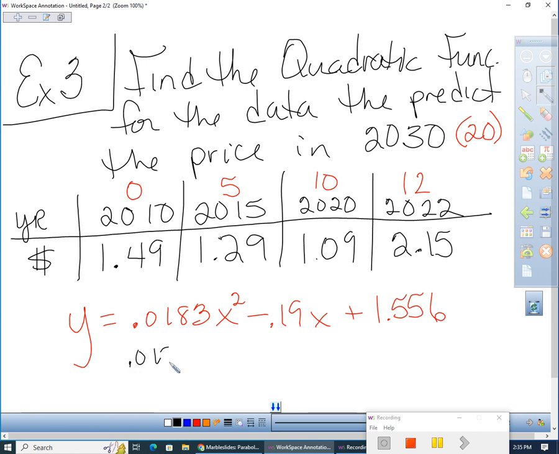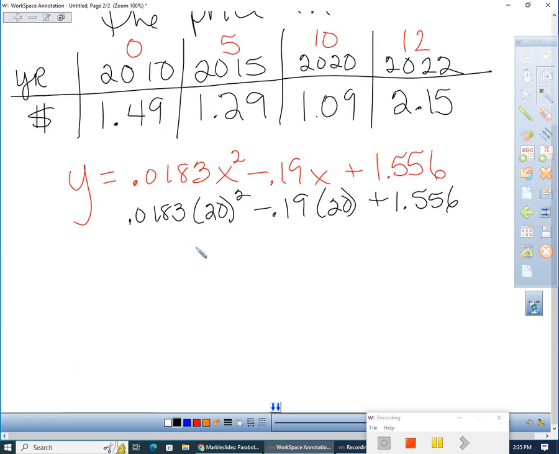So 0.0183 times 20 squared minus 0.19 times 20 plus 1.556. You guys tell me as soon as somebody finds out how much our cheeseburger is going to cost in 2030.